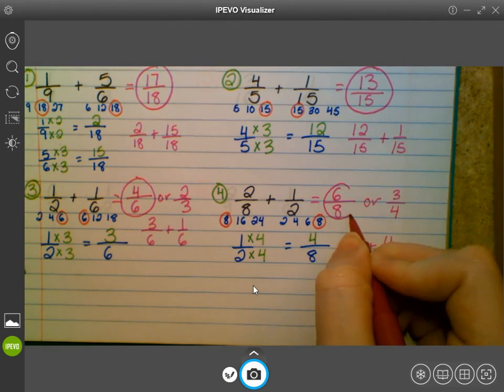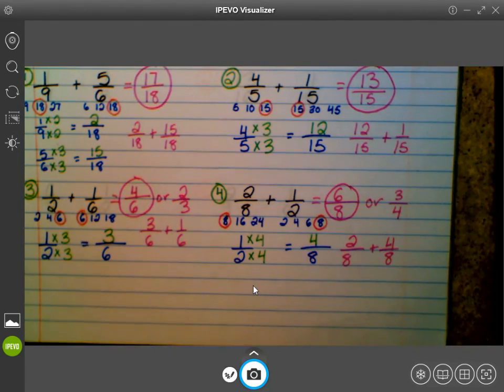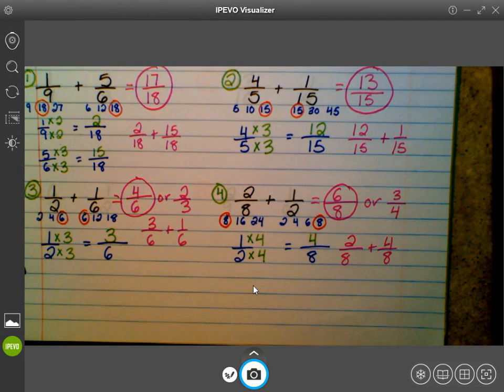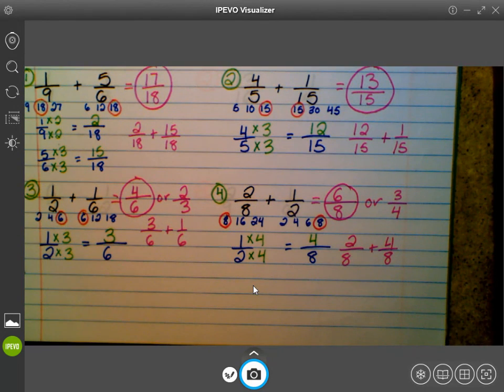How many of you got 6/8 or 3/4 as your answer for number 4? Awesome, 5th grade. Show me on your hand 1 through 5. How did you feel about your practice problems? Awesome. Okay.